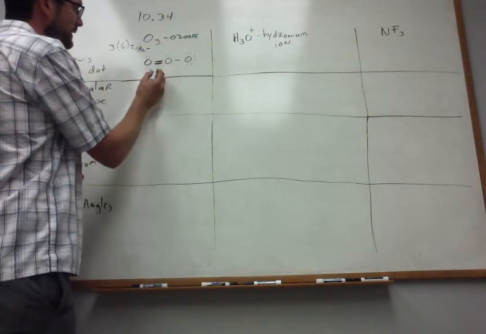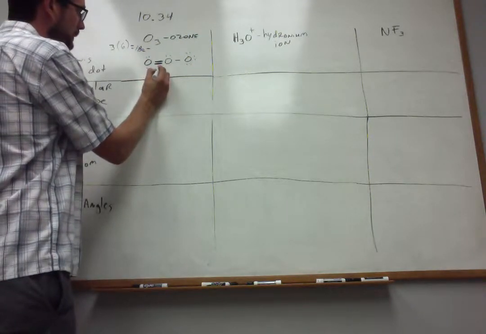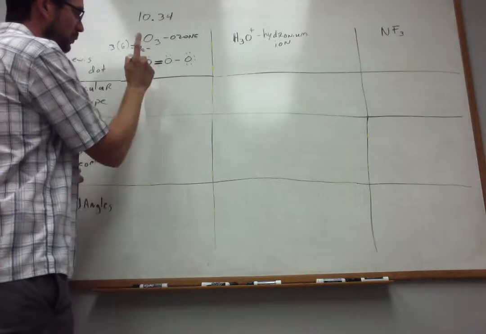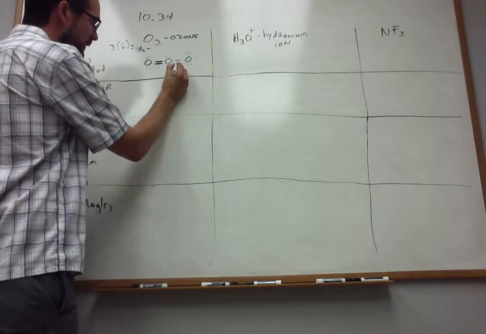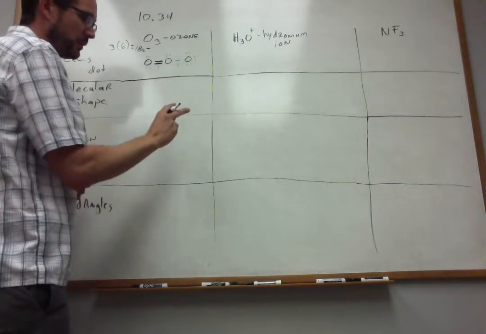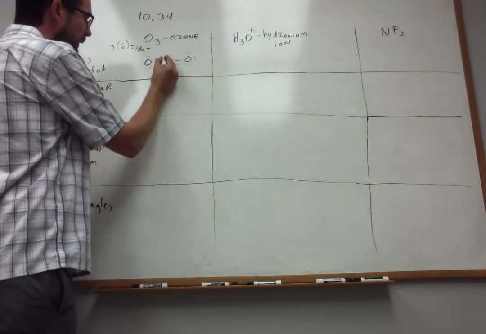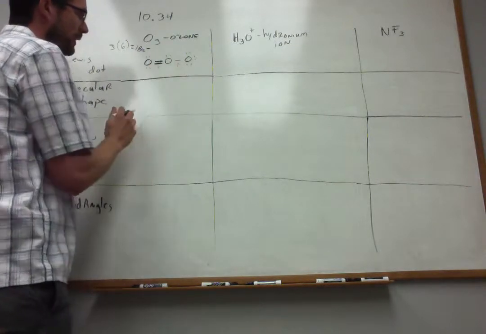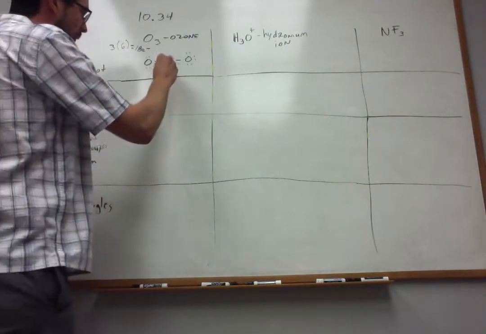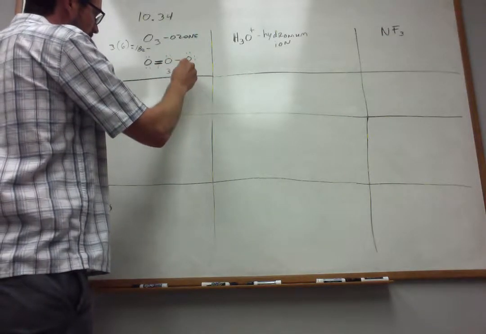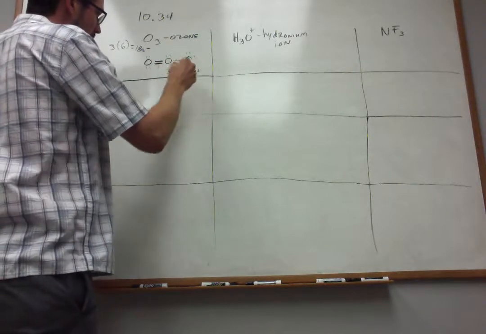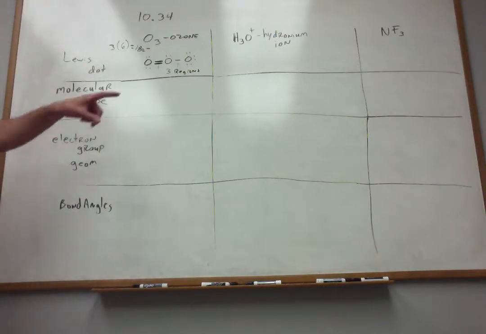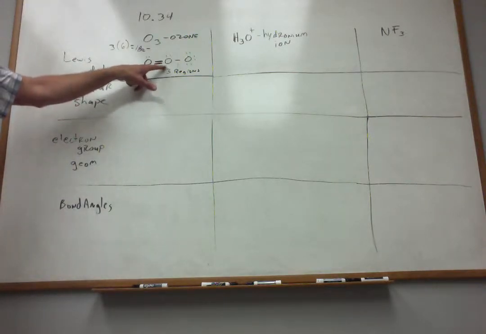I've got one region right here, this double bond, that's one region. Second region over here with this single bond, that's 2 regions. Third region is right here, this lone pair of electrons. So this has got 3 regions of electron density around that central atom.